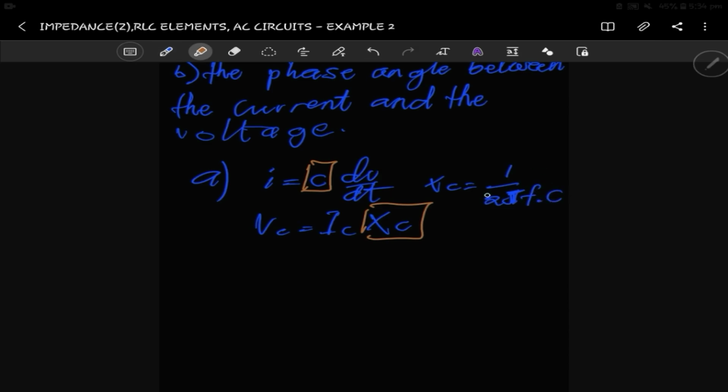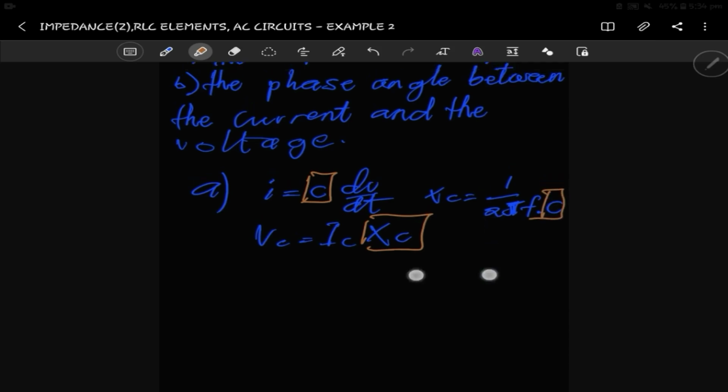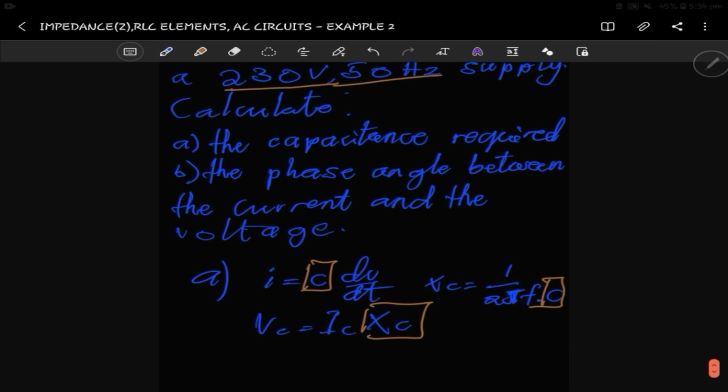We can use either of these, but looking at the problem given, we are not given the voltage as a function of time, so we cannot use this one. The one that we can use is this. And to do that, what do we need? Frequency is given. The only thing we need to find is the voltage and the current, right?